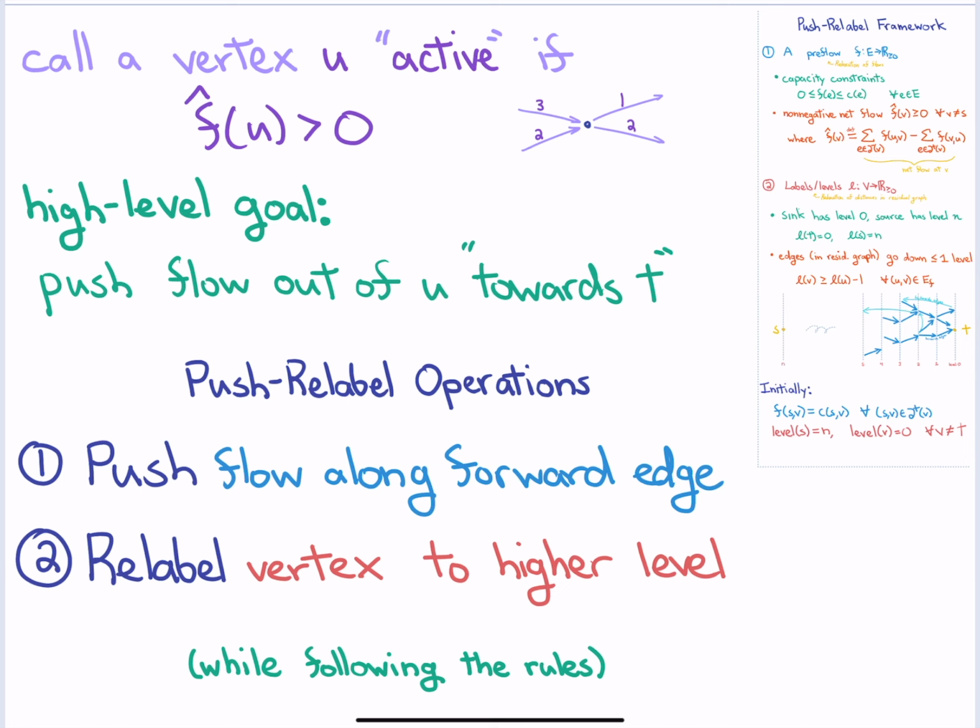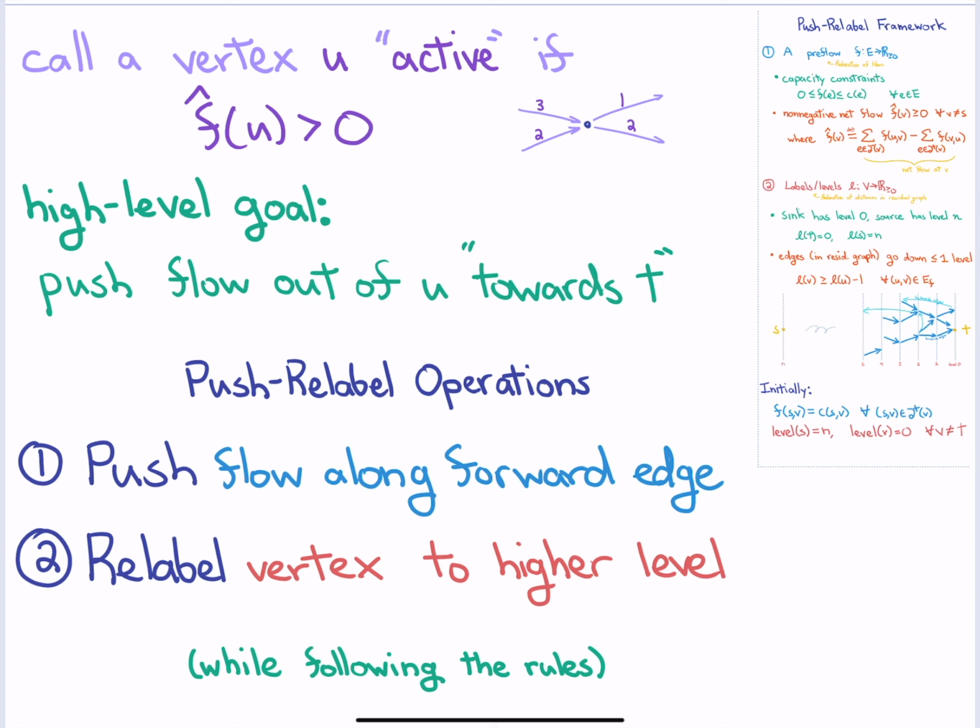So I have a vertex, and if I can go down one level, then I can push the flow down one level, then I do. But maybe I can't because all the edges only go up or stay in the same level. If there's no edge that I can push flow down, then I'm allowed to take the vertex and move it up by one level.